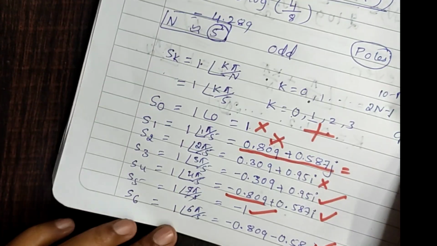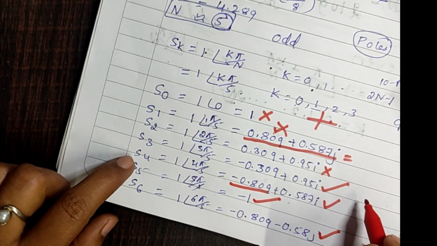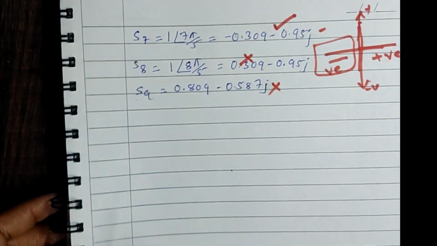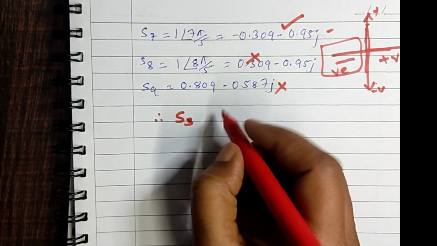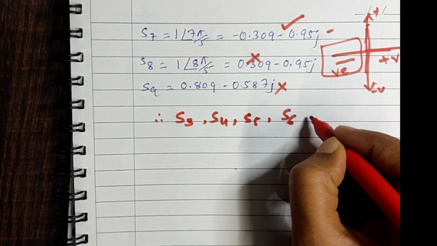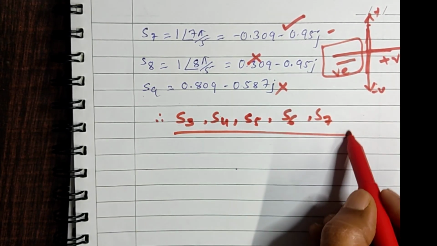Therefore, how many poles do we have? S3, S4, S5, S6 and S7 are the poles which we are going to consider.